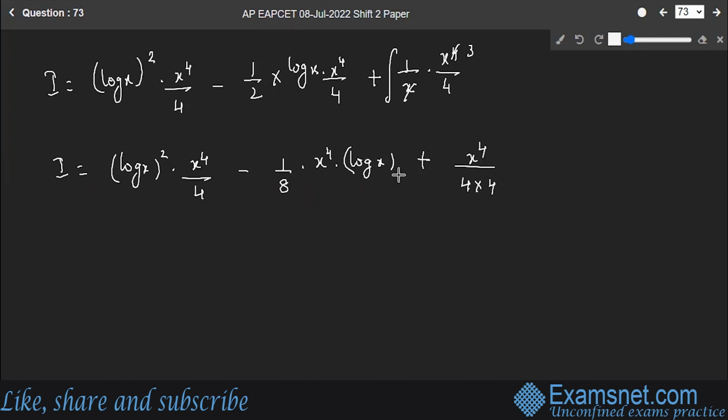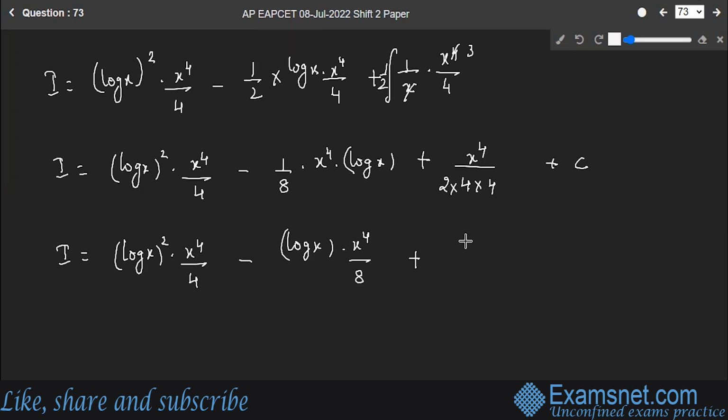This half will be multiplied here also, right? And the plus c because some constant will be added. So integral of (log x) square into x raised to power 4 minus 4 into log x into x raised to power 4 upon 8 plus x raised to power 4 upon 32 plus c.